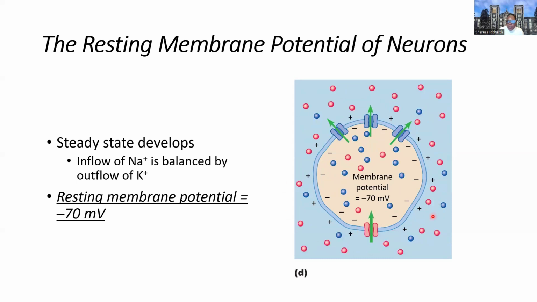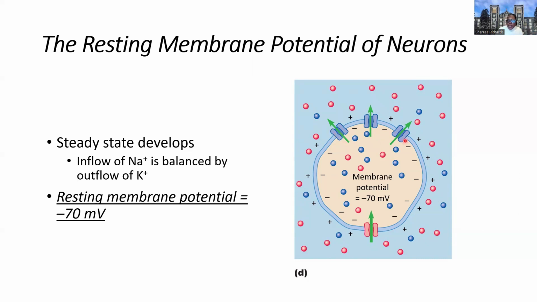And so that is how we establish our resting membrane potential. We're going to end up seeing a steady state develop. And the reason that we have a steady state develop is because the sodium potassium pump is on the membrane as well. Although we're not including it in this discussion, it's still on the membrane and it is balancing the movement through the ion channels.